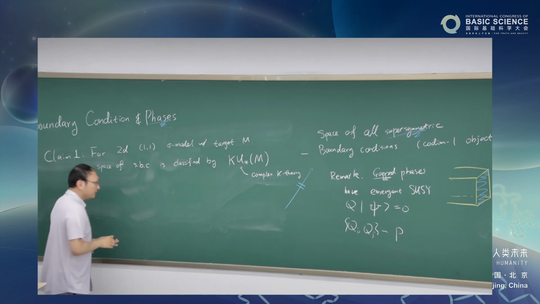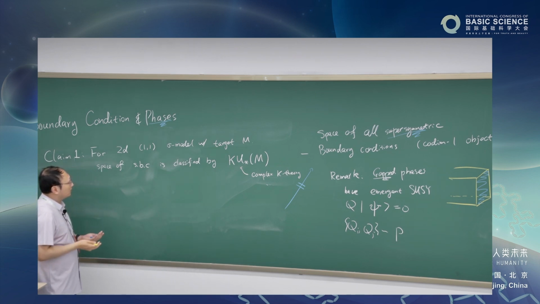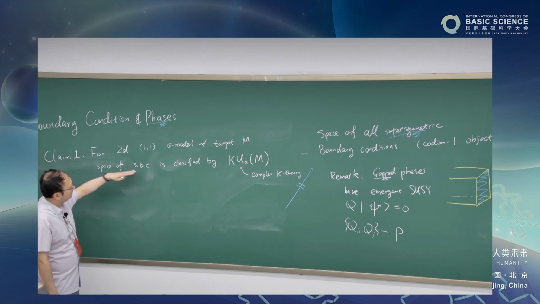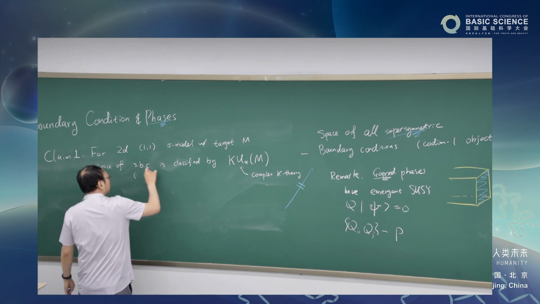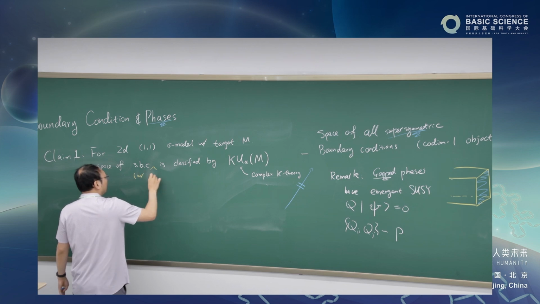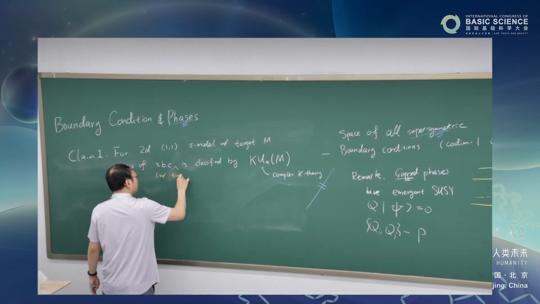And the sigma model itself has time reversal symmetry. So it makes sense to look at the space of this kind of boundary conditions with time reversal symmetry.